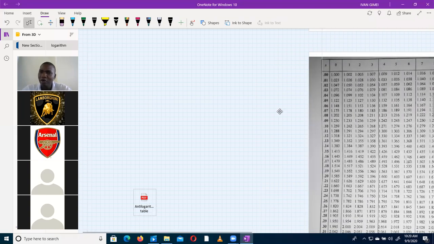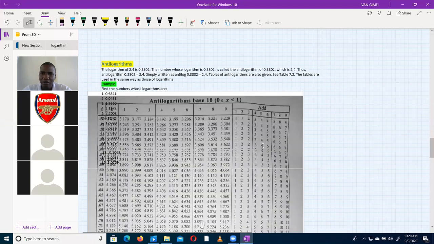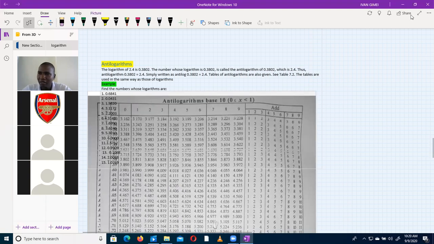So antilogarithm also has its own table. This is the table for antilogarithm. Logarithm have their own tables, and antilogarithm also have their own tables. So let me shift this so that the tables don't mix up with my work.